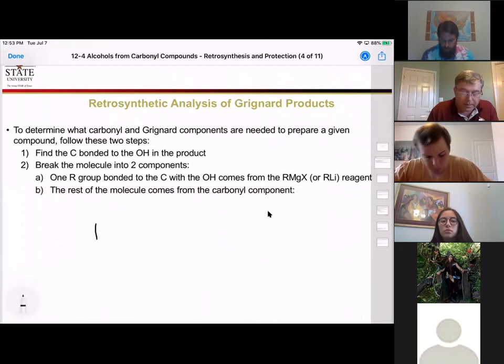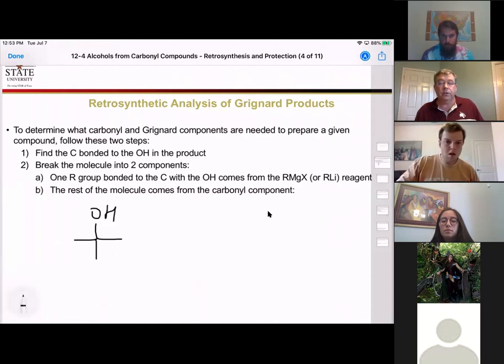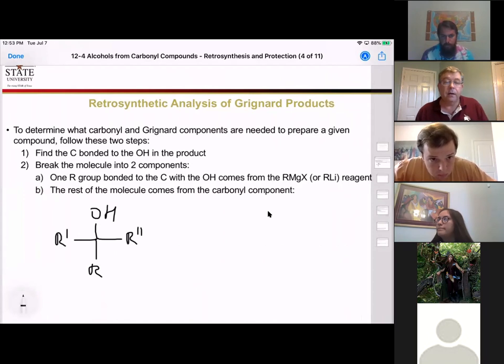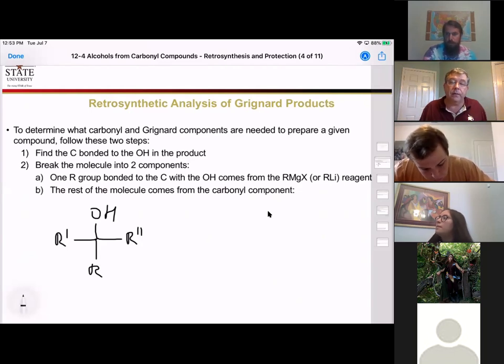So the general concept is, when we have something we want to make, we need to figure out what to start with to make it. So if we have our tertiary alcohol, and let's just say we have 3 different groups here, we need to figure out where to start. We know we want to start with an organometallic reagent, and so we think that we want to start with some kind of aldehyde or ketone to get to our product.